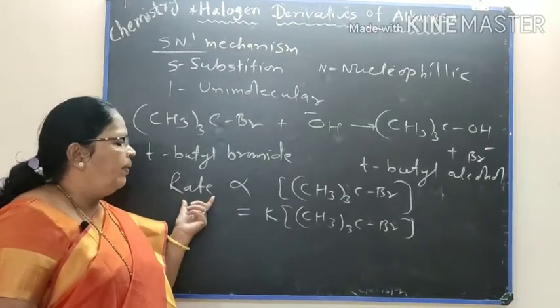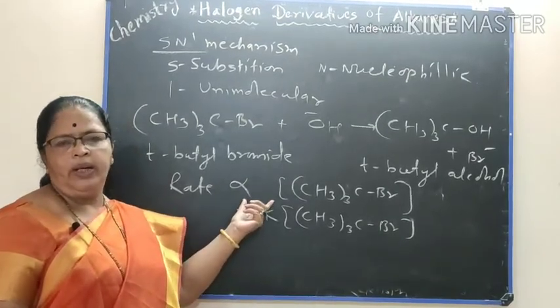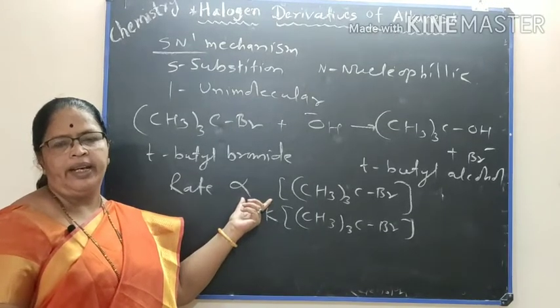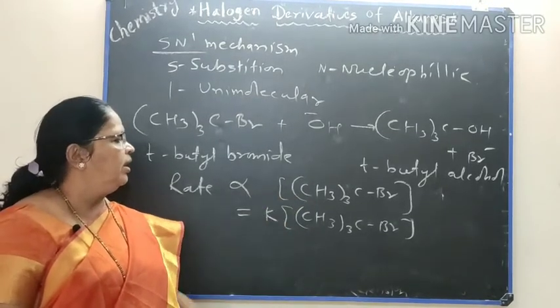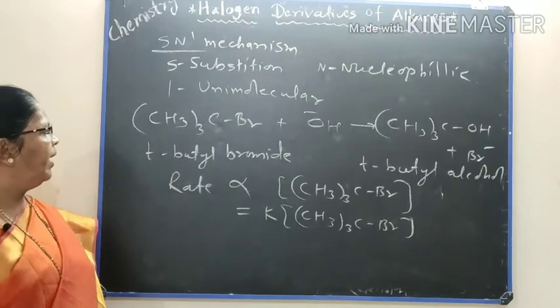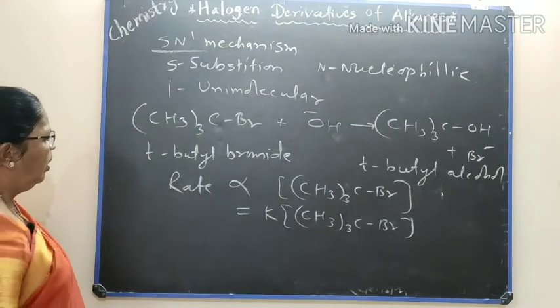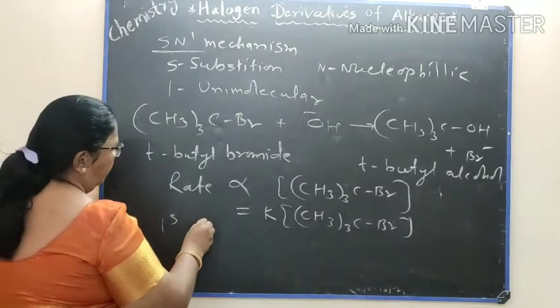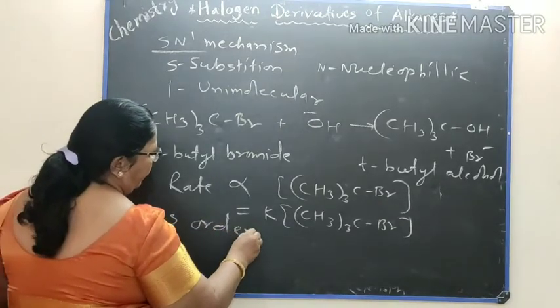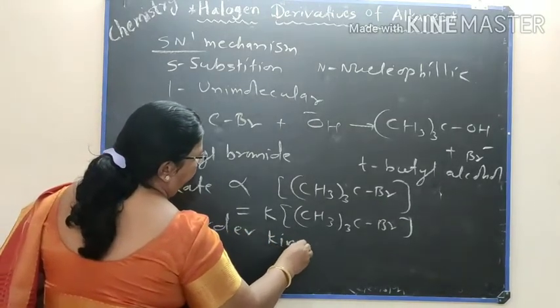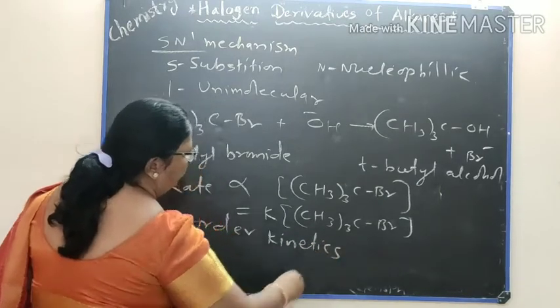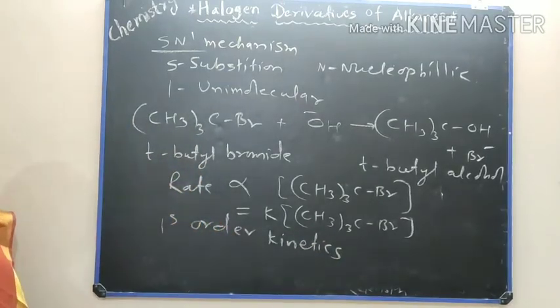Because the rate of reaction depends on only one reacting species, tertiary butyl bromide. So it is also first order kinetics. This reaction is also called first order kinetics.